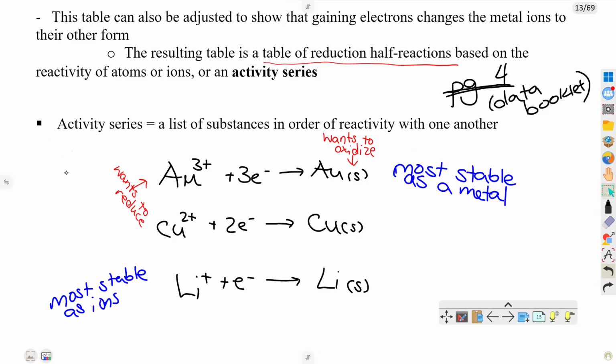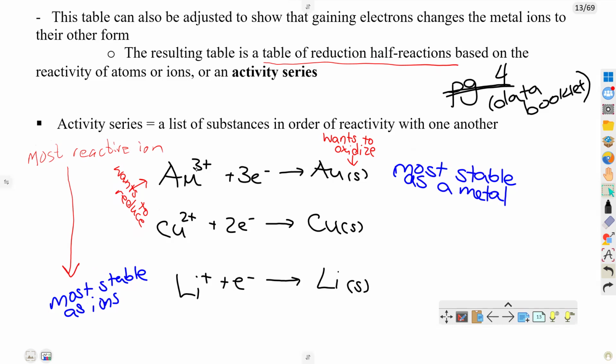Now that means as we go down, we're going from the most reactive ion to the most stable ion.